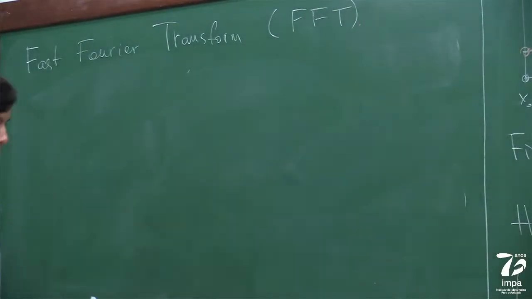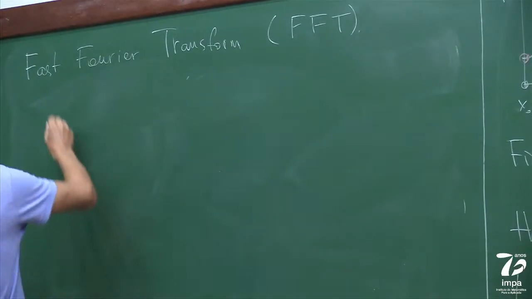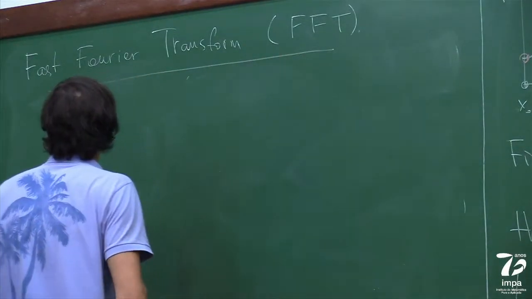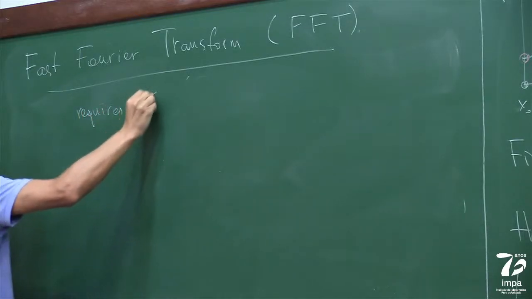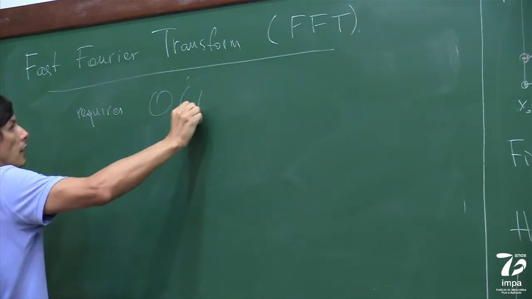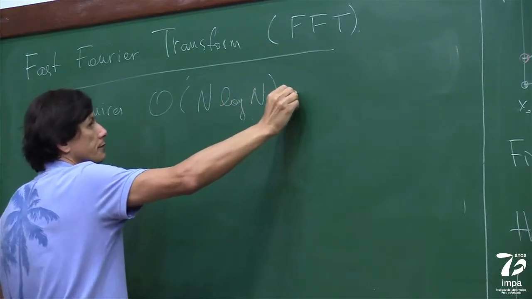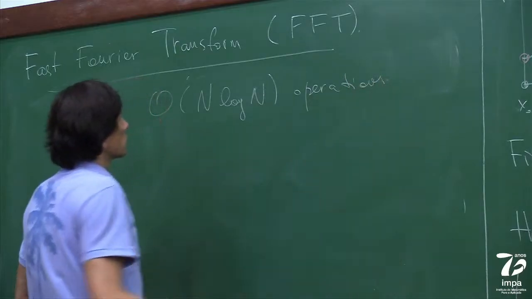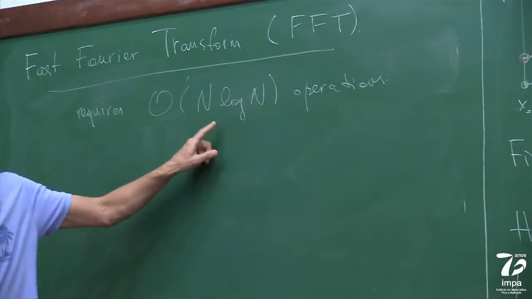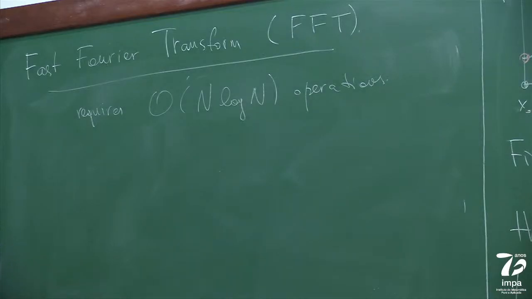So the fast Fourier transform is a method which requires order of n log n operations. So instead of n squared, you have n log n, and log is essentially nothing, right?